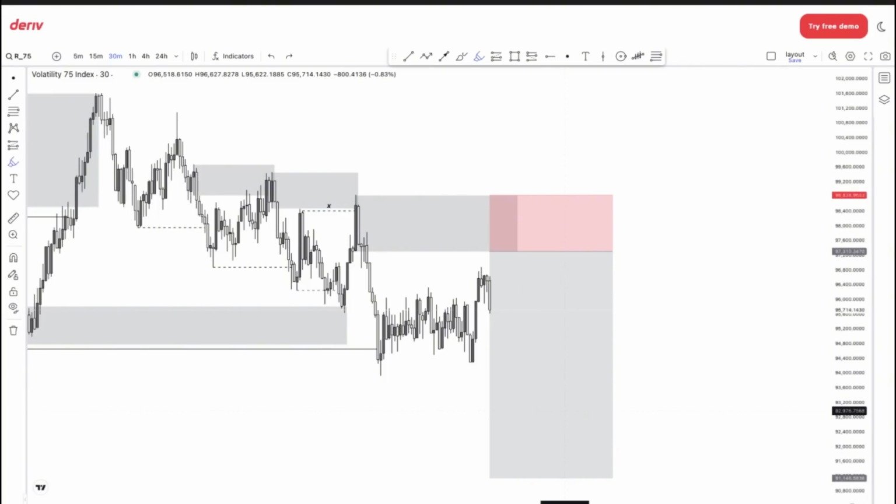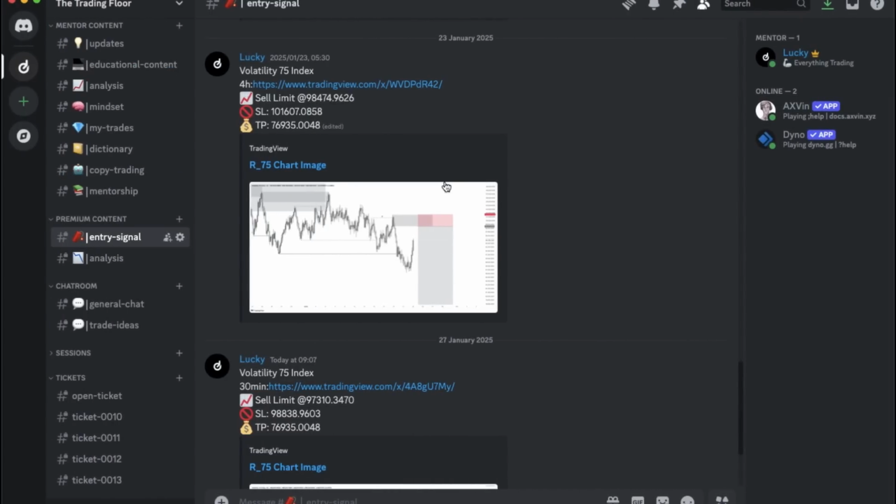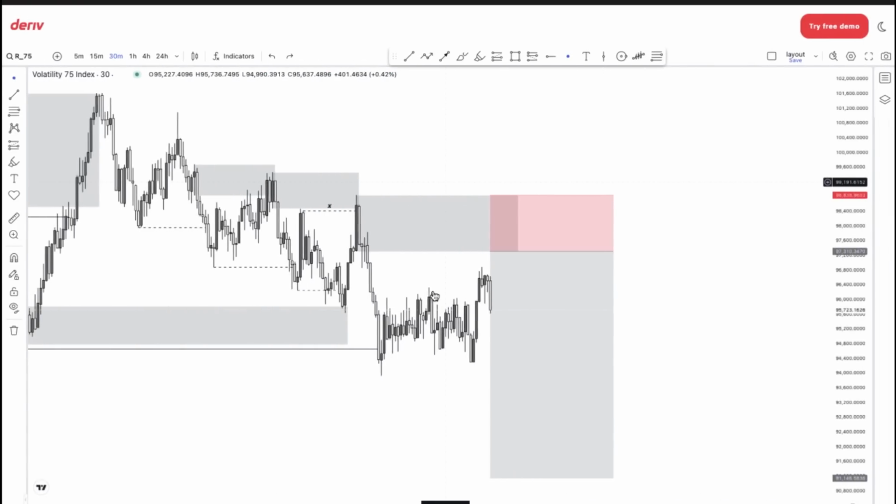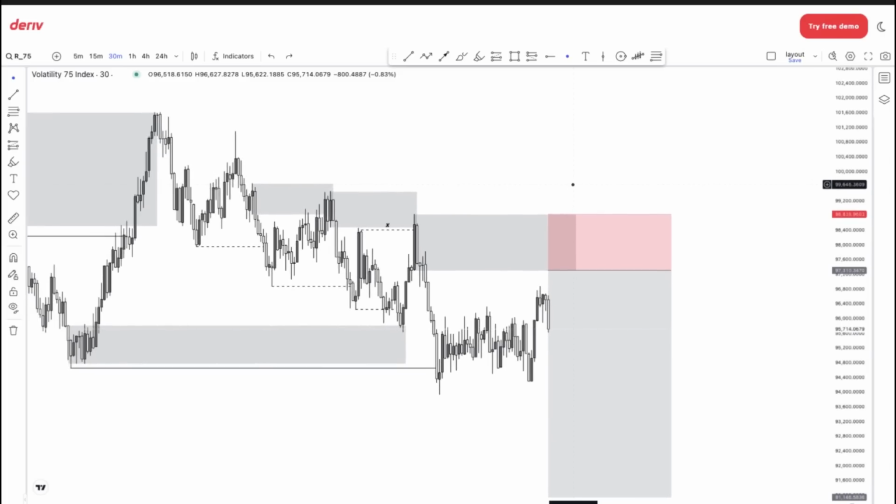So we'll just see how it goes about playing out, and I'll eventually give out an update within the community there. So I'll just give out an update at a later stage whenever we are tapped into this entry confirmation here.